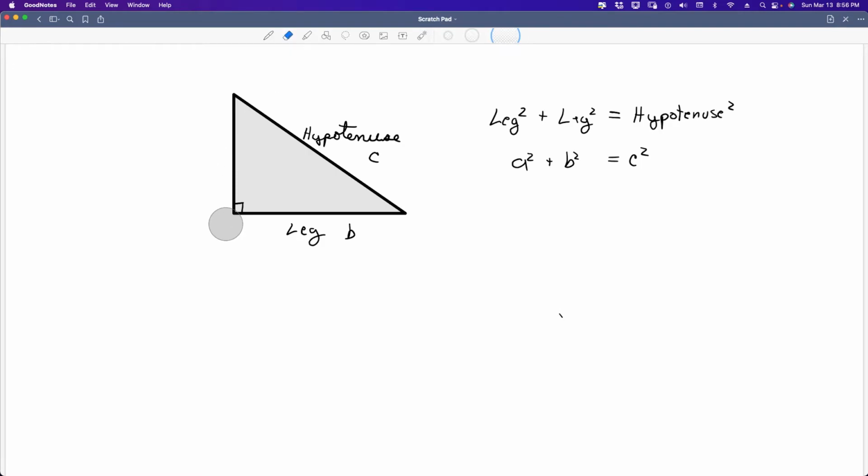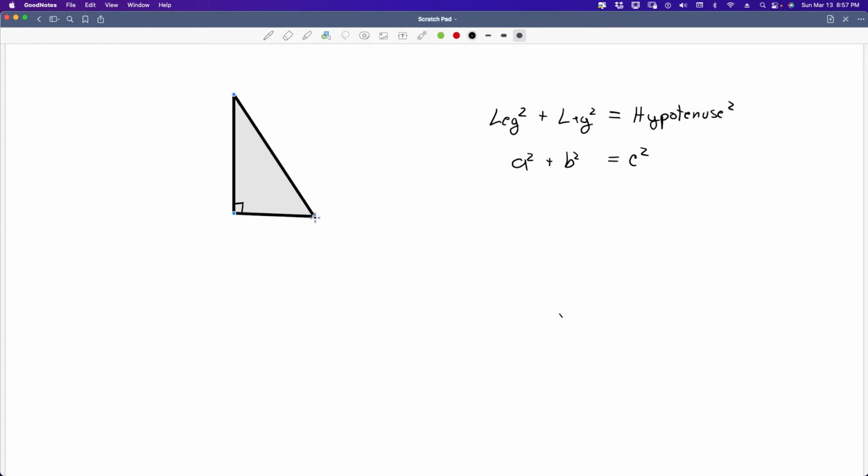Let's just put some measurements here. It's always going to be equal to that. Let me adjust this a little bit. All right, that looks about right.